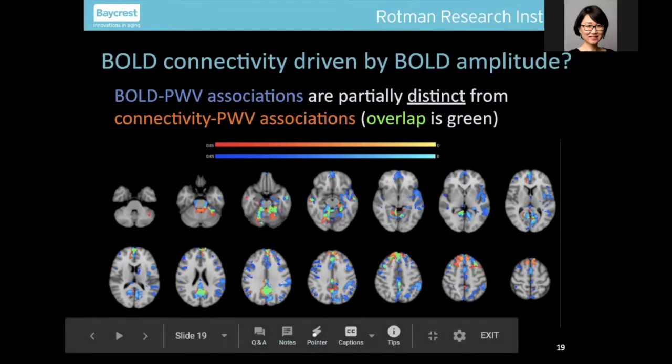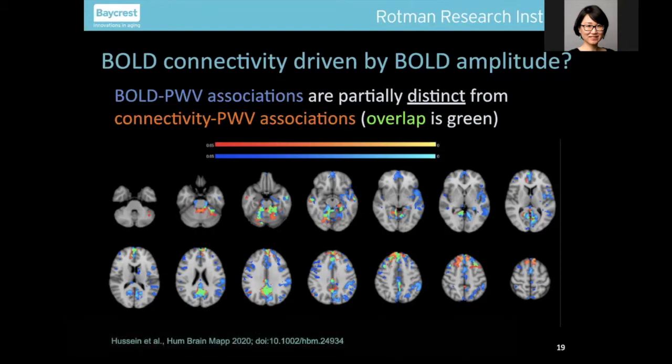You do see a lot of blue here that has no overlap with the red. So there is a lot of uniqueness to each type of association as well.